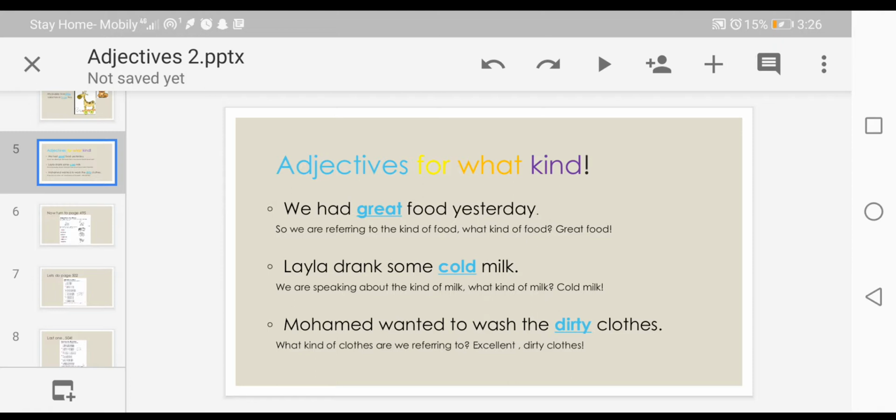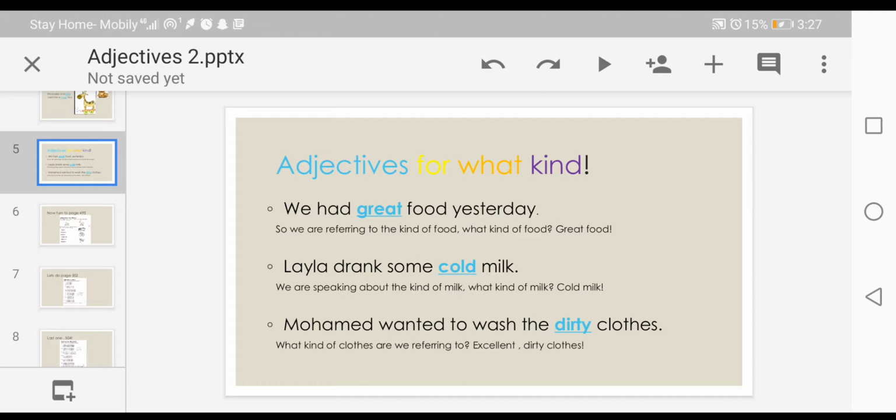Now, when I say great food, I am talking about the food. I am describing the food. So what kind of food did you have yesterday? I had great food. So I am saying that the food was great.